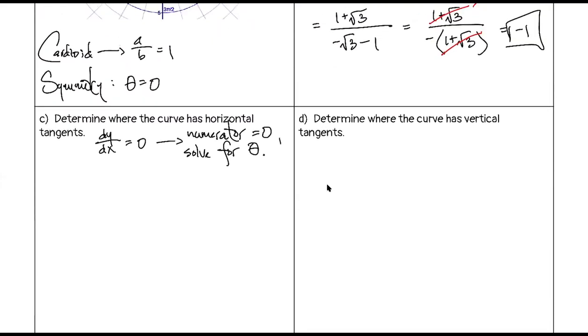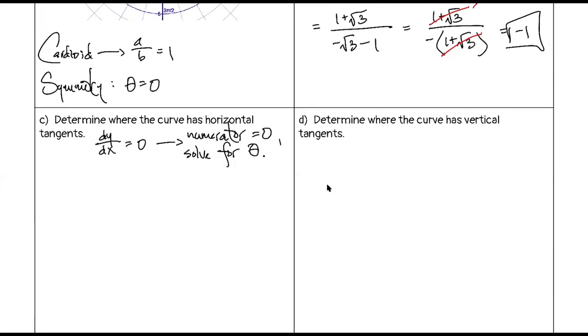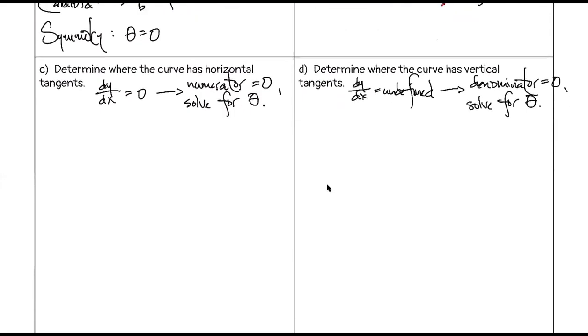Now, if we think about what's going to be different for determining where the curve has vertical tangents, we want to find dy dx is undefined because a vertical line has an undefined slope. And that means we're going to set the denominator equal to 0 and solve for theta. Okay.